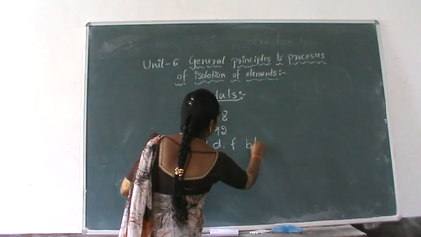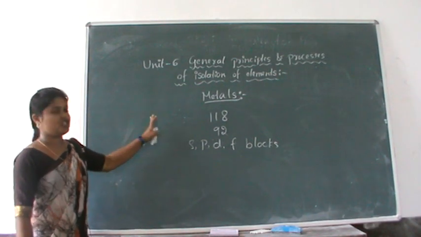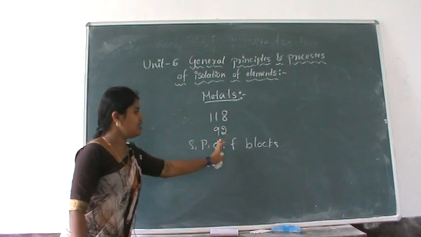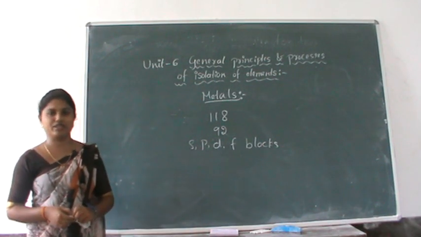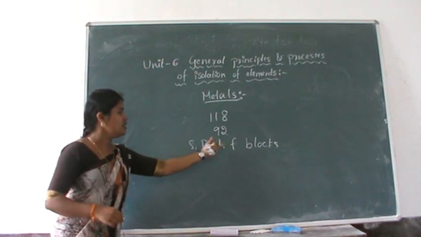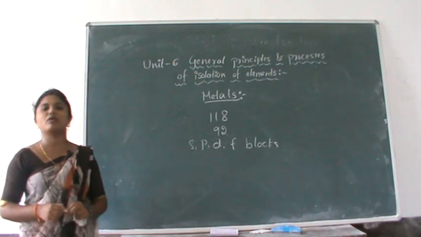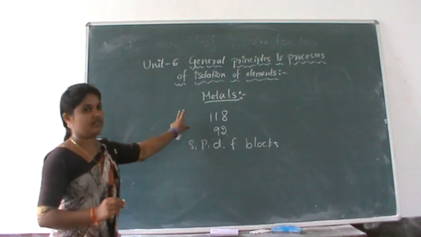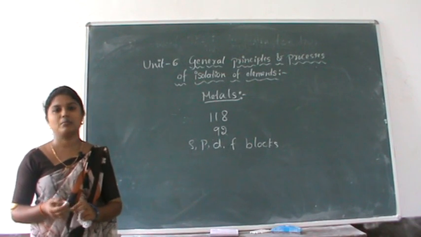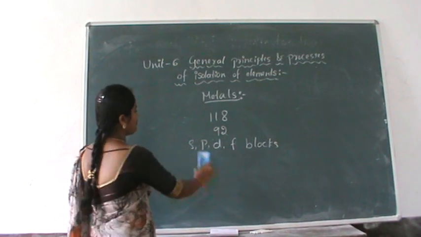I think you studied all these things in the previous class. Most of the S block elements, D block elements, F block elements and some of the P block elements are metals. Most of the elements in the periodic table are metals only. I think it's clear.